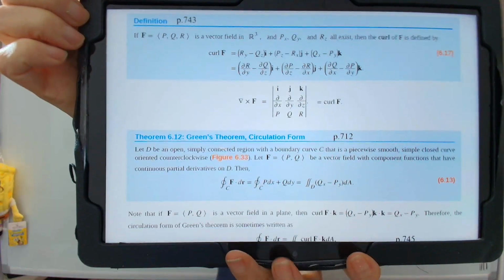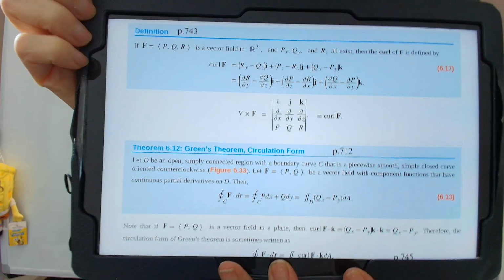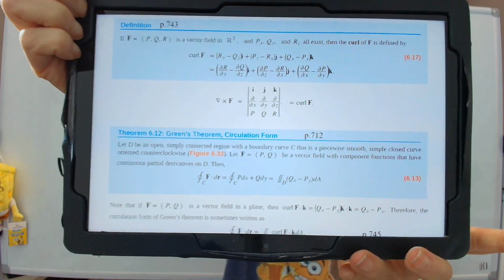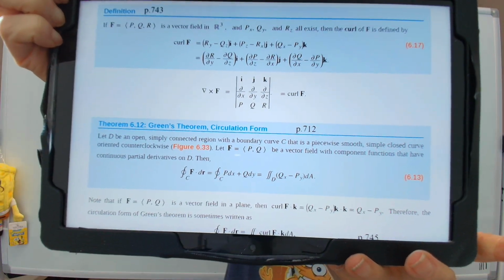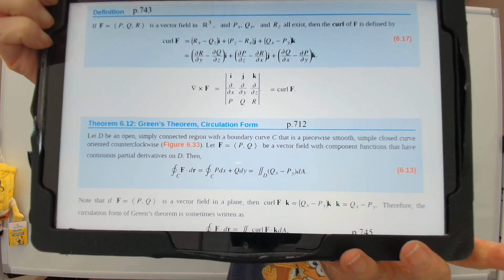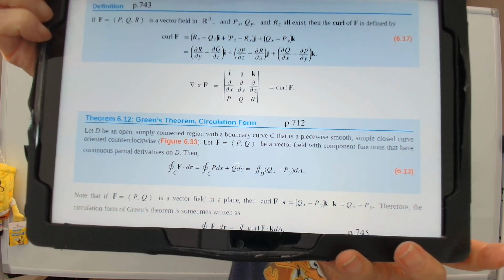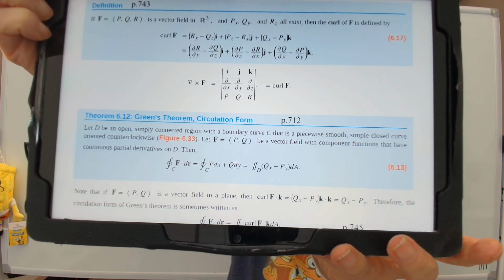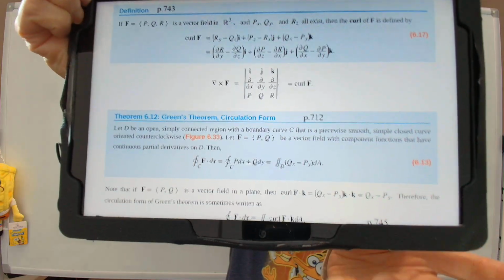This is just a screenshot of a definition I got from previous pages. The original definition of curl, as you might remember, is just this thing. That's about 50 pages ago, and that is a bunch of stuff.